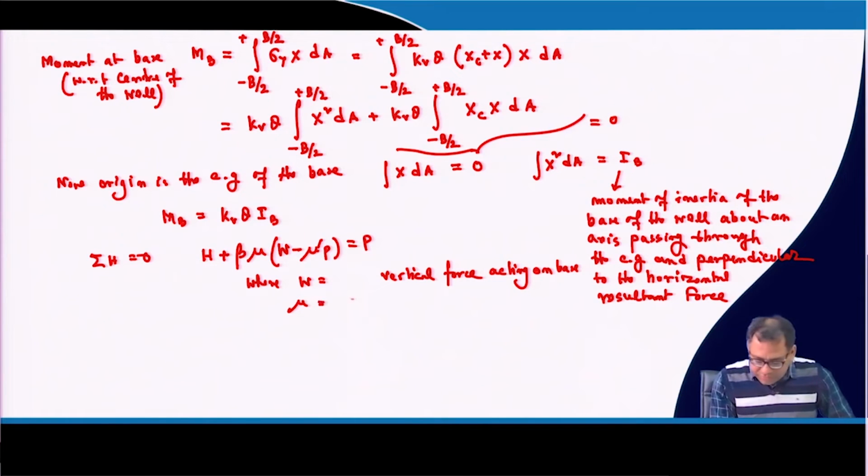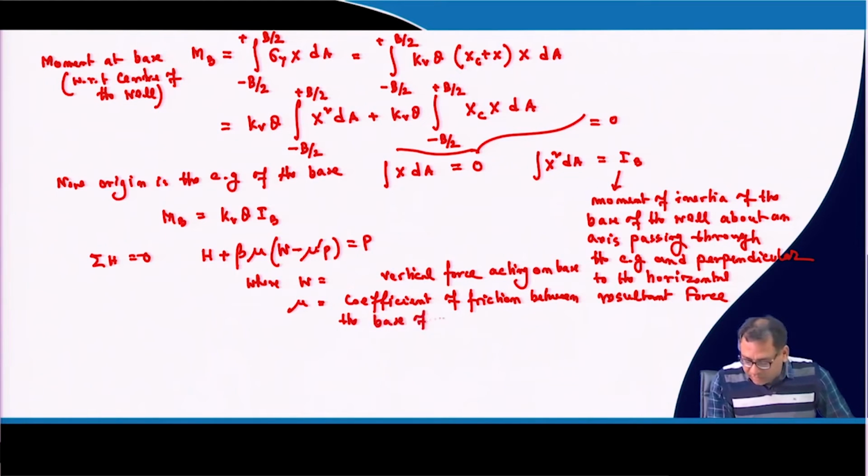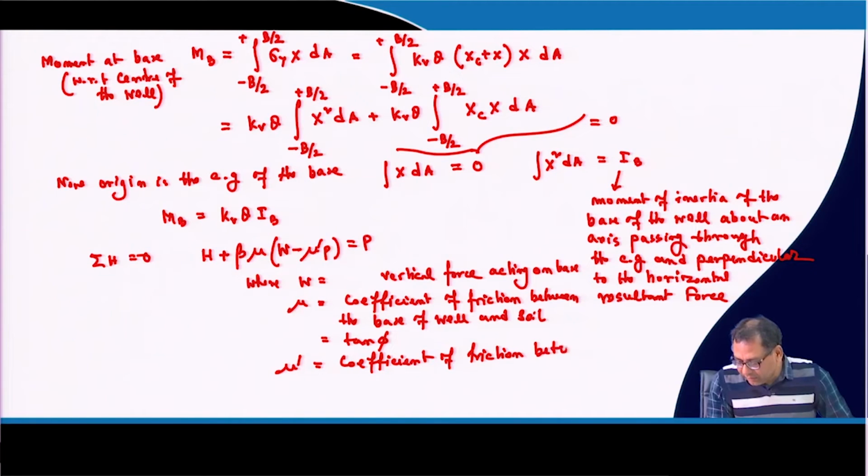Mu is the coefficient of friction between the base of the well and soil, which is generally taken as tan phi, and mu dash is the coefficient of friction between the side wall of the well and soil, which is taken as tan delta.